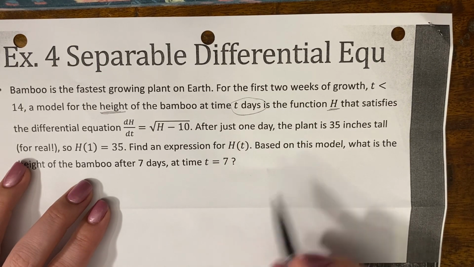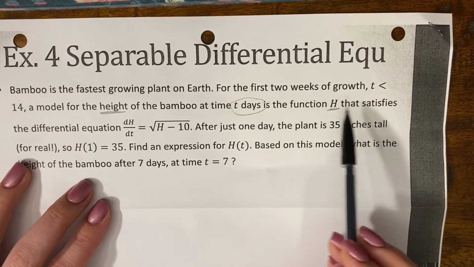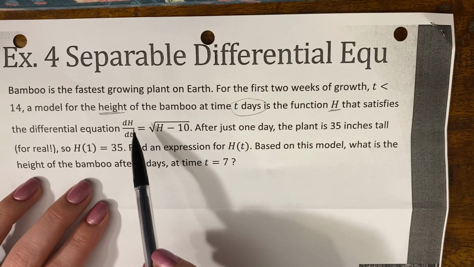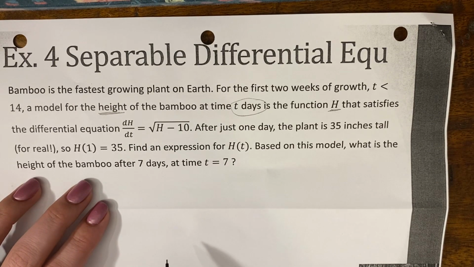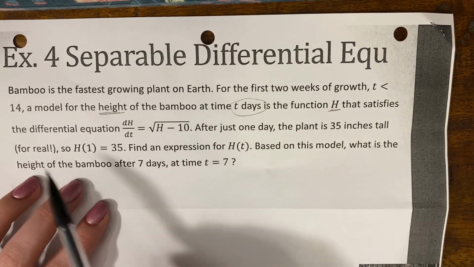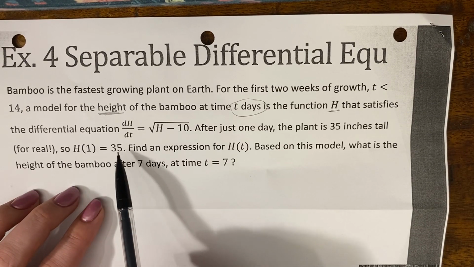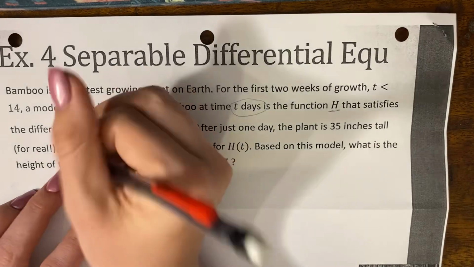A model for the height of the bamboo at time t days is the function h that satisfies the differential equation dh/dt equals the square root of h minus 10. After just 1 day, the plant is 35 inches tall, for real, according to Google. So h of 1 equals 35. This is going to be my initial condition.